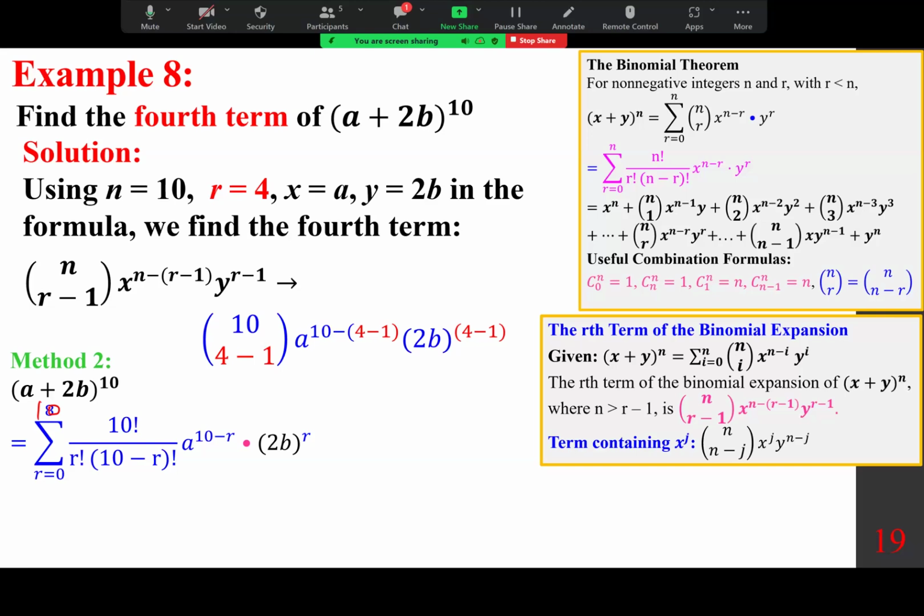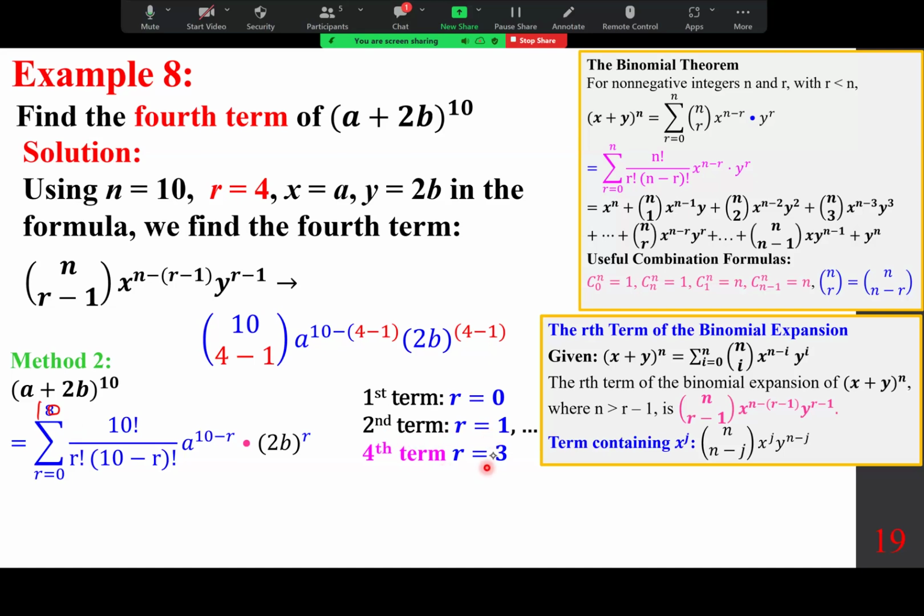All right, so what happens next? If we go with this one, notice for the first term, r is 0. For the second term, r is 1. For the third term, r is 2.